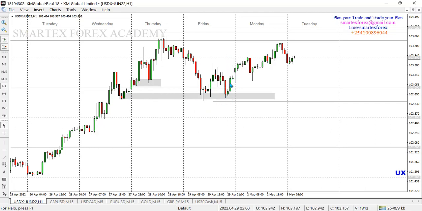And then on Monday, we had a break of this. Then during London Open, we had a close of this and a return back to this counter array. That was on Monday. And then we had a break above this. So still we have a zone to look at.